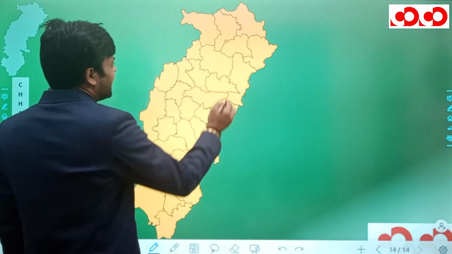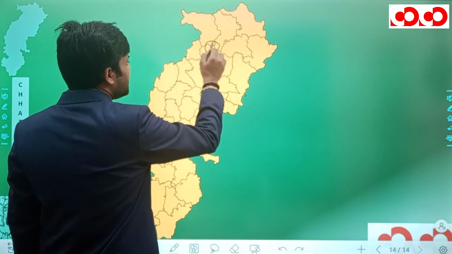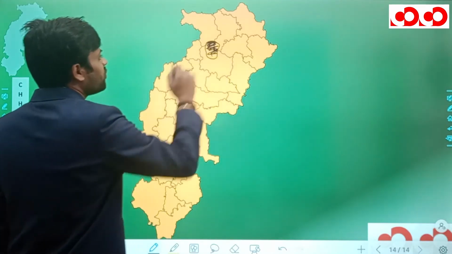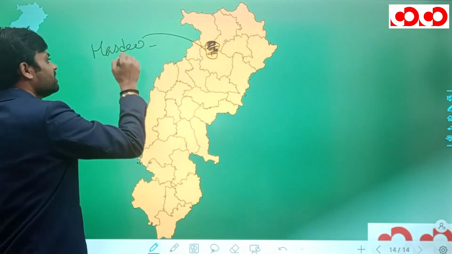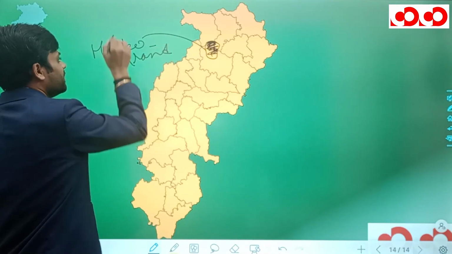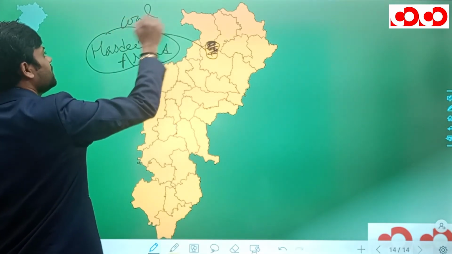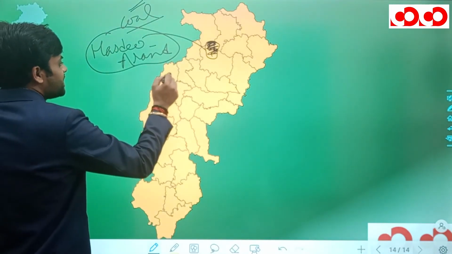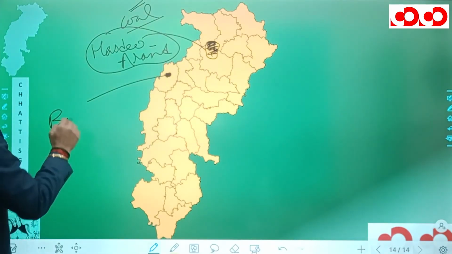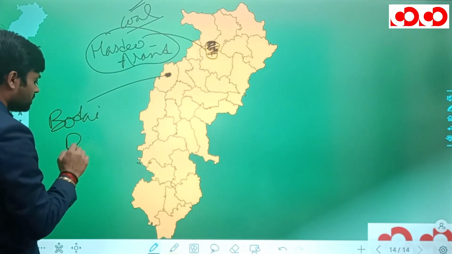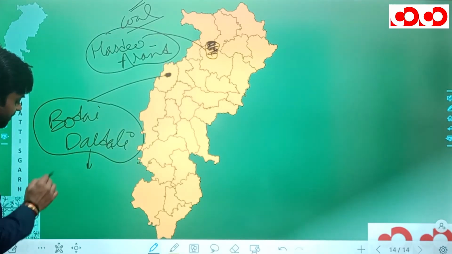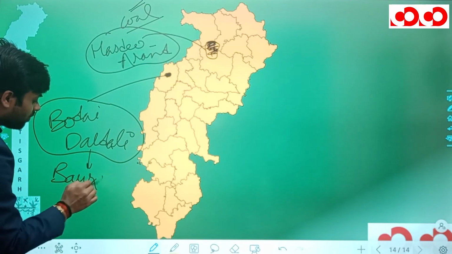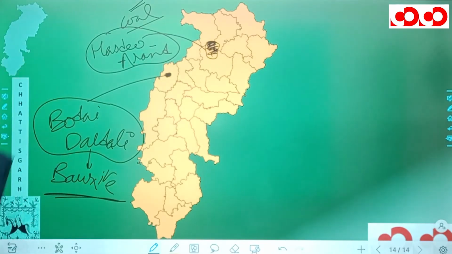Now, when talking about Hasdev Aran, the extension lies in Korea, Surajpur, and Korba district jointly. So this is Hasdev Aran, and this Hasdev Aran is actually a coal reserve. In this Kabir Dham district, we have Bodai Daldali, and this Bodai Daldali is one of the finest bauxite reserves not only in Chhattisgarh but also in India.